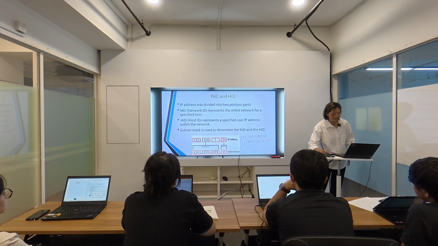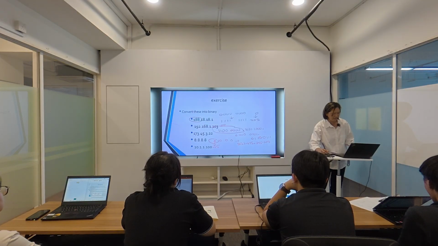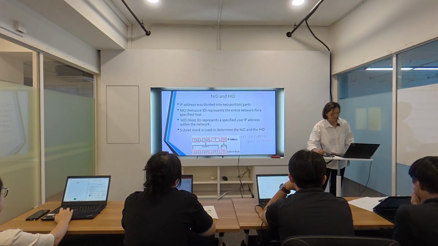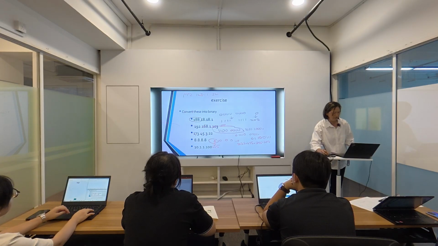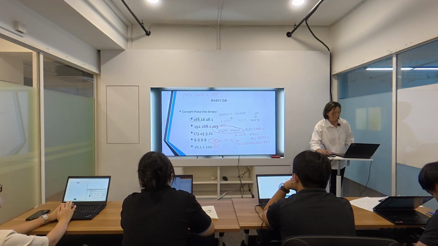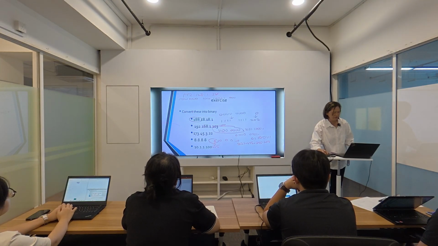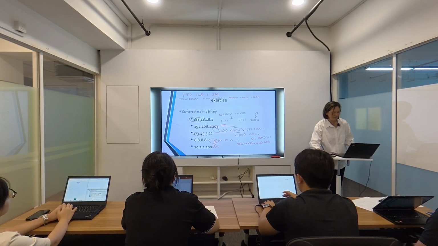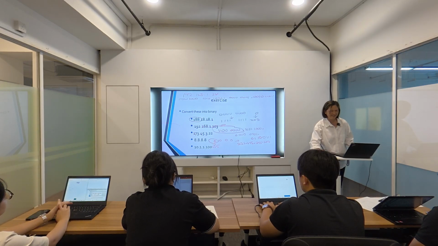So if you take that and operate it on our address from this slide, 192.168.1.34, converted to binary it would be 11000000, 10101000, 00000001, and 34 would be 00100010. Counting 1, 2, 4, 8, 16, 32, sorry.